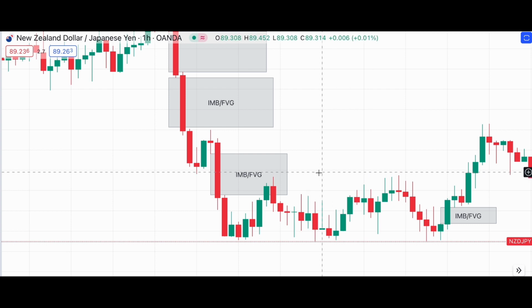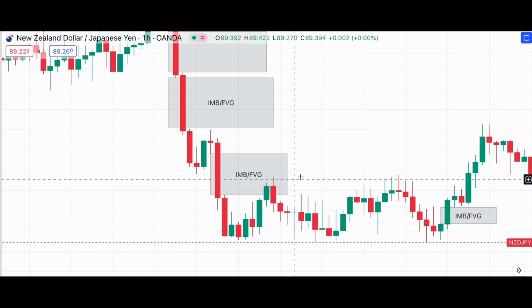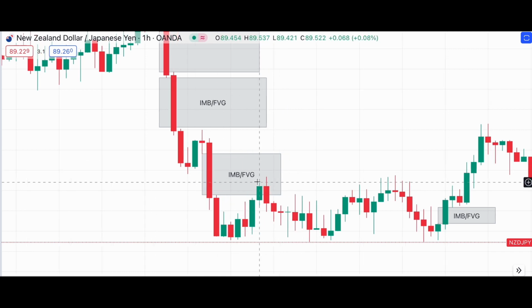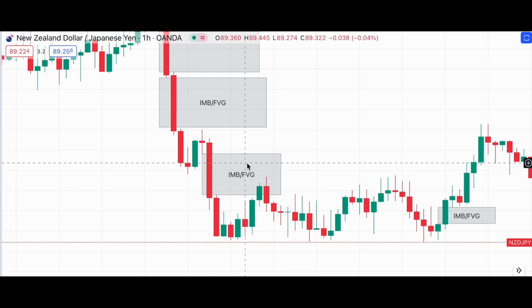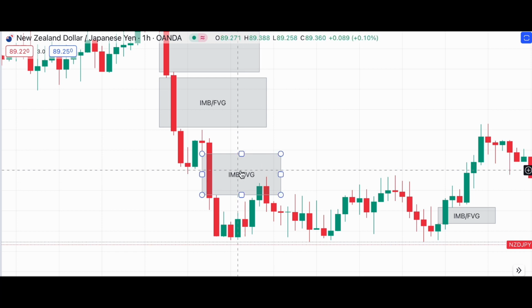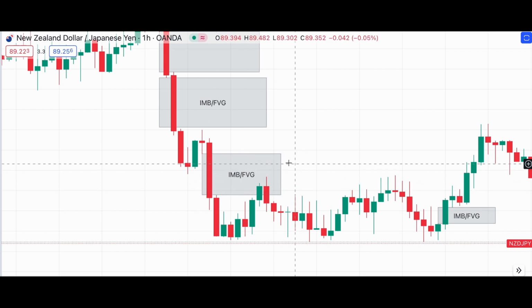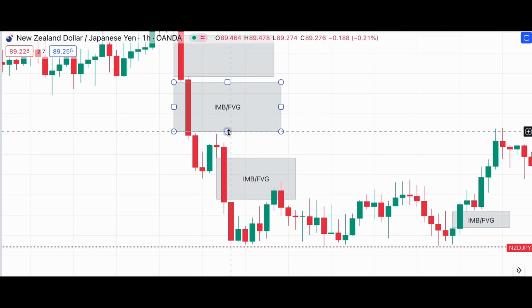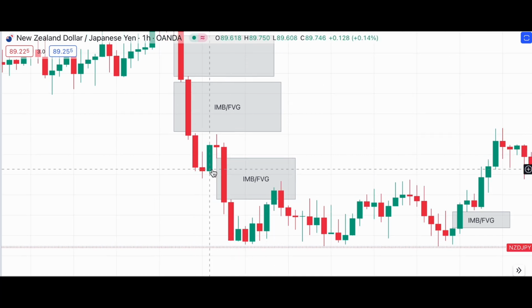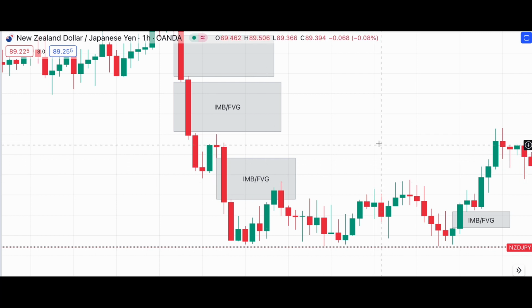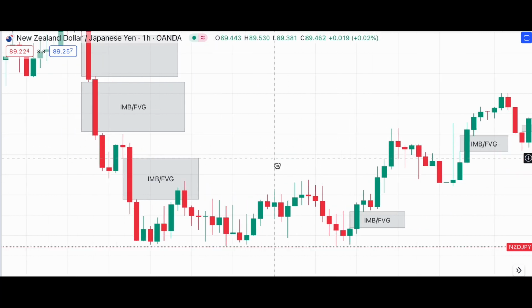Some traders might take the imbalance or fair value gap as their entry zone, especially the ICT trader, inner circle trader. But SMC traders will not take the imbalance as their entry zone. They prefer the supply and demand zone or the order block as their entry zone.